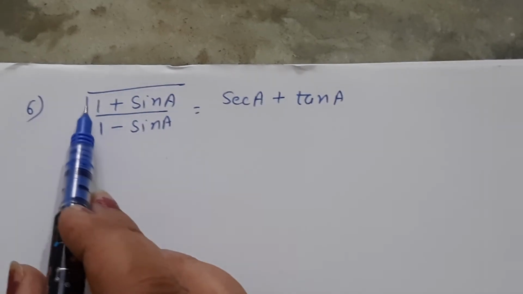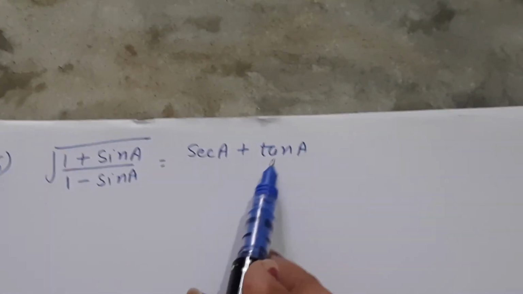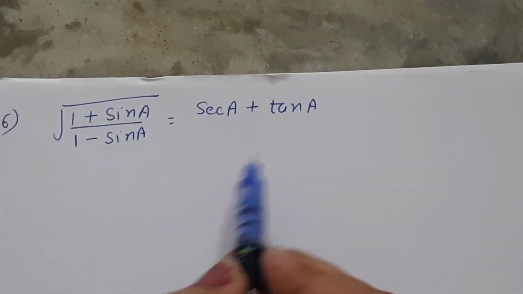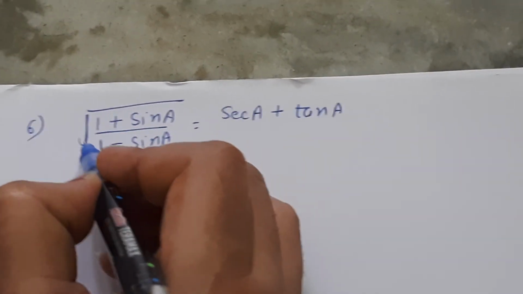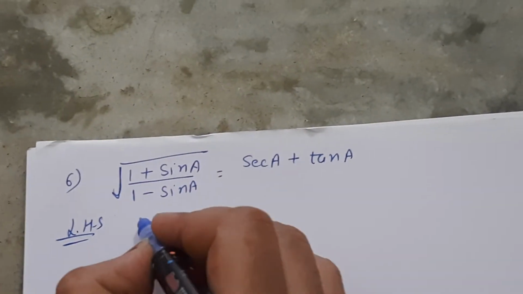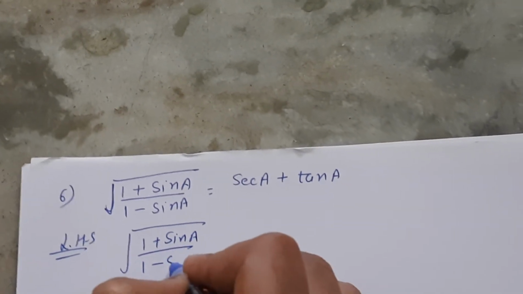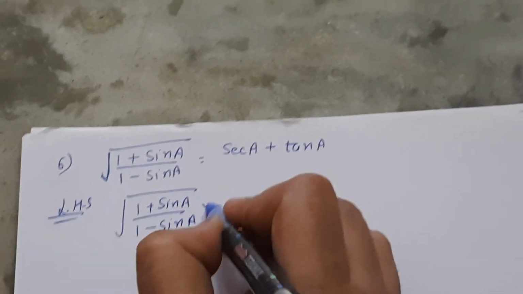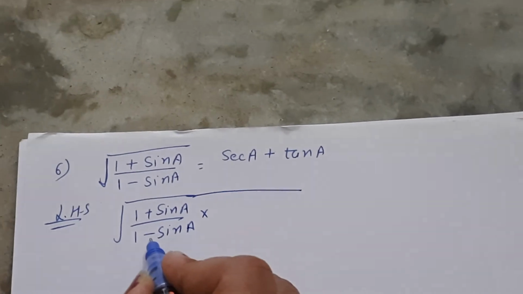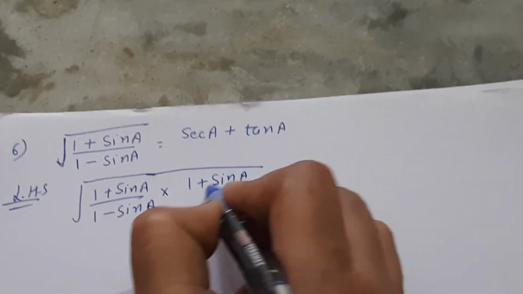Next we have root of 1 plus sin a upon 1 minus sin a is equal to secant a plus tan a. So we have to prove this. We can take the left hand side, and this is in a square root. What we can do is rationalization. Here the denominator has a negative sign, so rationalize with the positive sign.